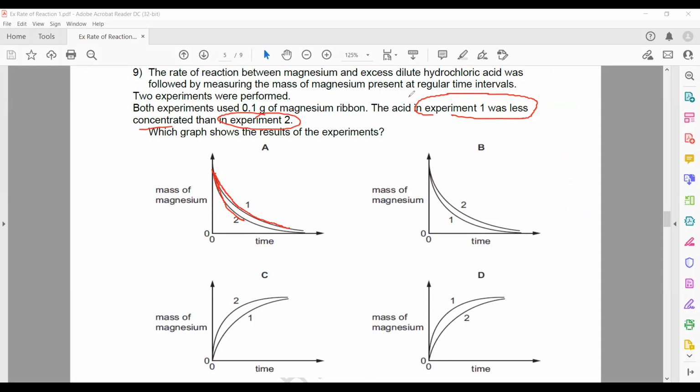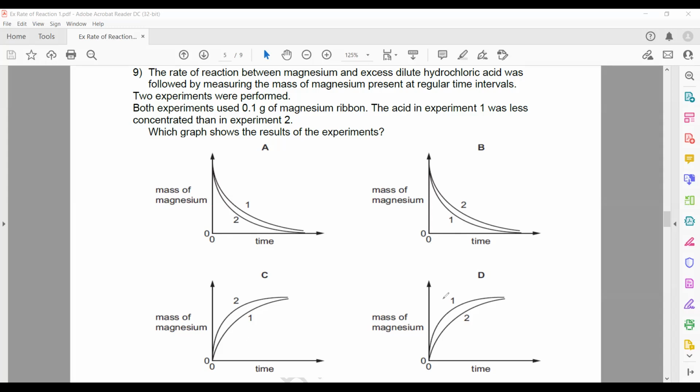If I write numbers here, you will understand, like 5, 10, 15, 20, and 1, 2, 3. After 1 minute, for experiment 1, the mass is 15. But for experiment 2, the mass is 10. So experiment 2 changes more, meaning experiment 2 is much faster than experiment 1. Is the discussion clear?